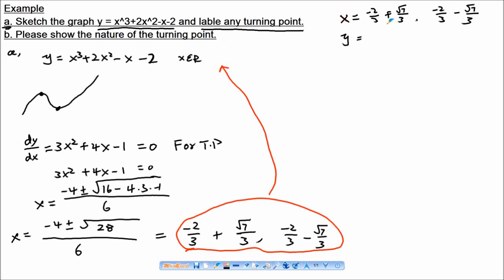If I substitute them back into the equation, I just use my calculator now, and I would find the y value of my turning point.